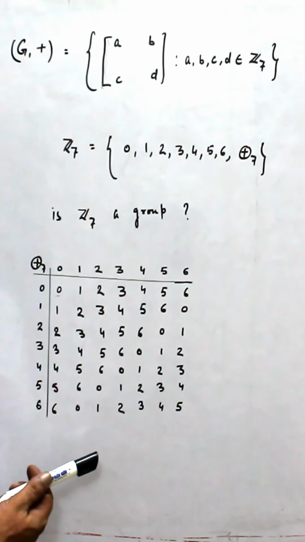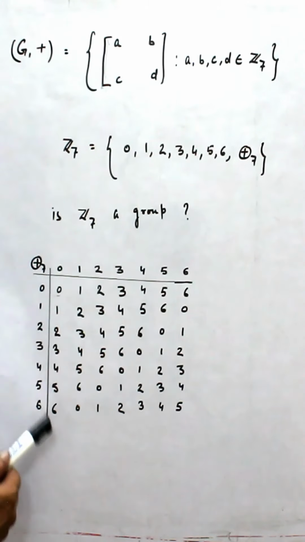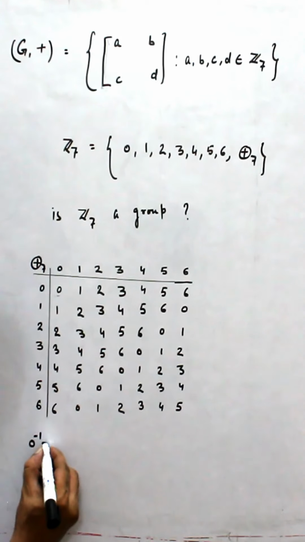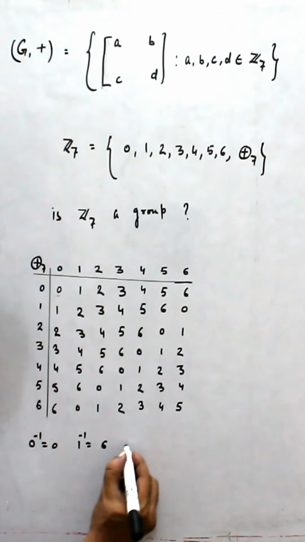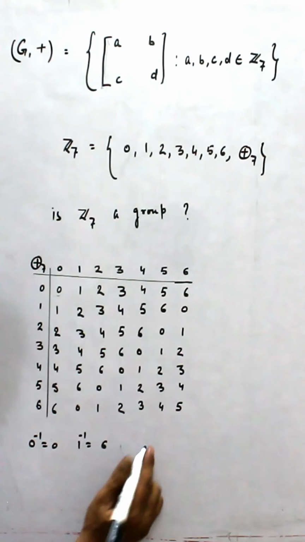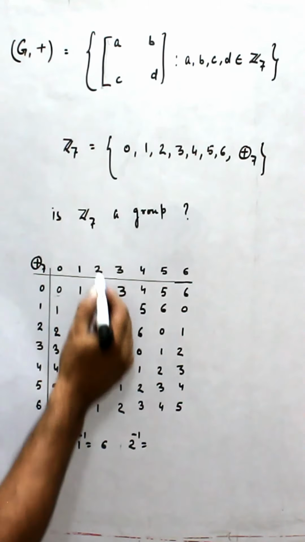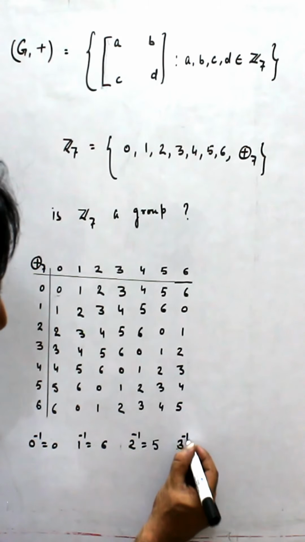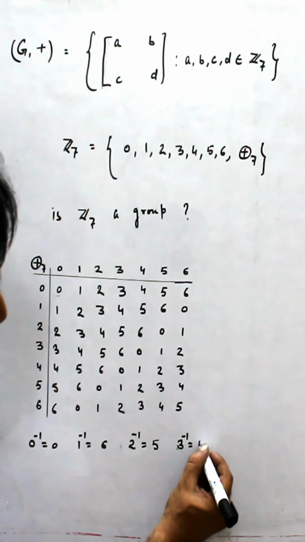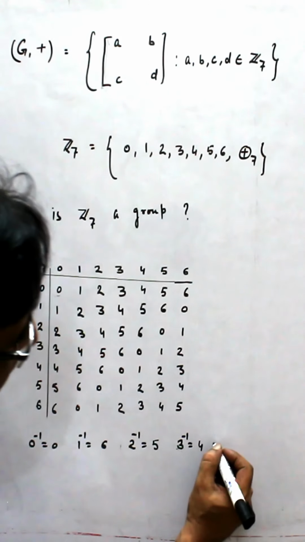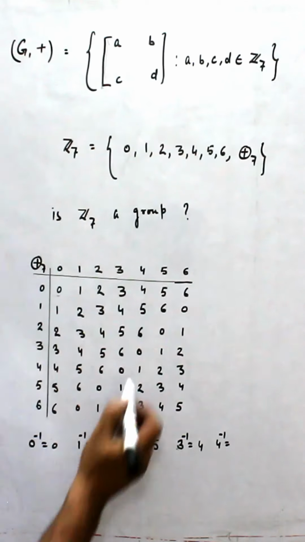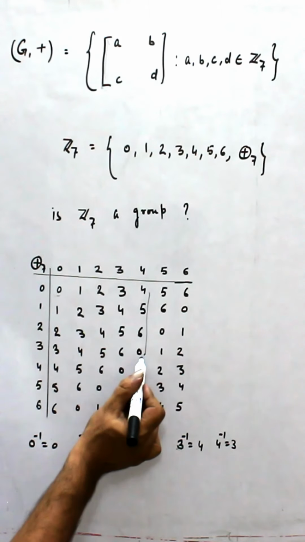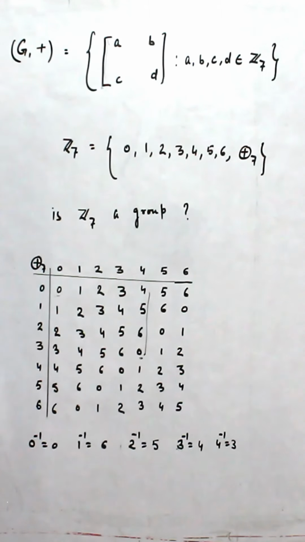Associativity can also be checked easily. Now the identity is 0. The inverse of 0 is 0, the inverse of 1 is 6, the inverse of 2 is 5, the inverse of 3 is 4, and the inverse of 4 is 3, because in the row in front of 4, the identity appears under 3.